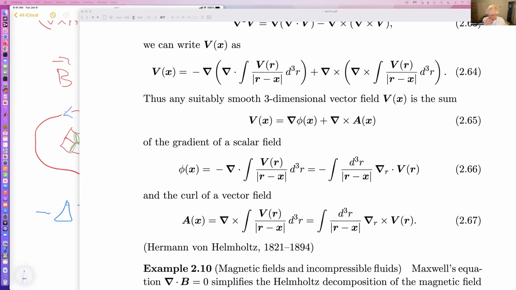And on the other hand, we can also say it's the curl of the vector, the quantity A is this quantity here, and this is the curl with respect to r of this.